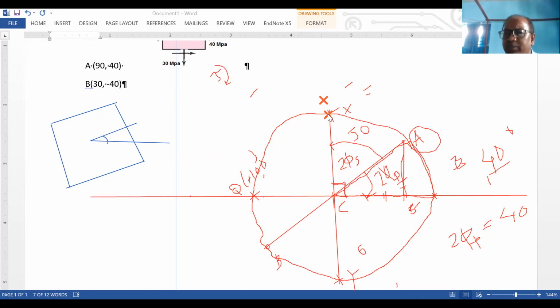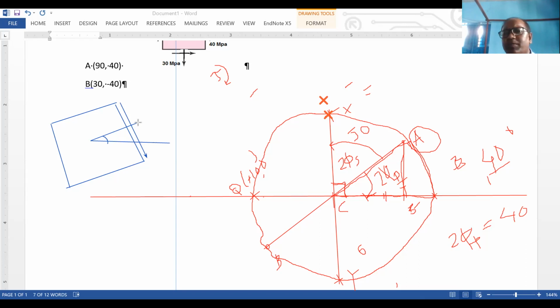Shear stress is positive, which means it's rotated in the clockwise direction. So that's why right over here you'll put the clockwise direction, because in my Mohr's circle, you got the positive shear. Now, one arrow will be enough to draw your orientation.